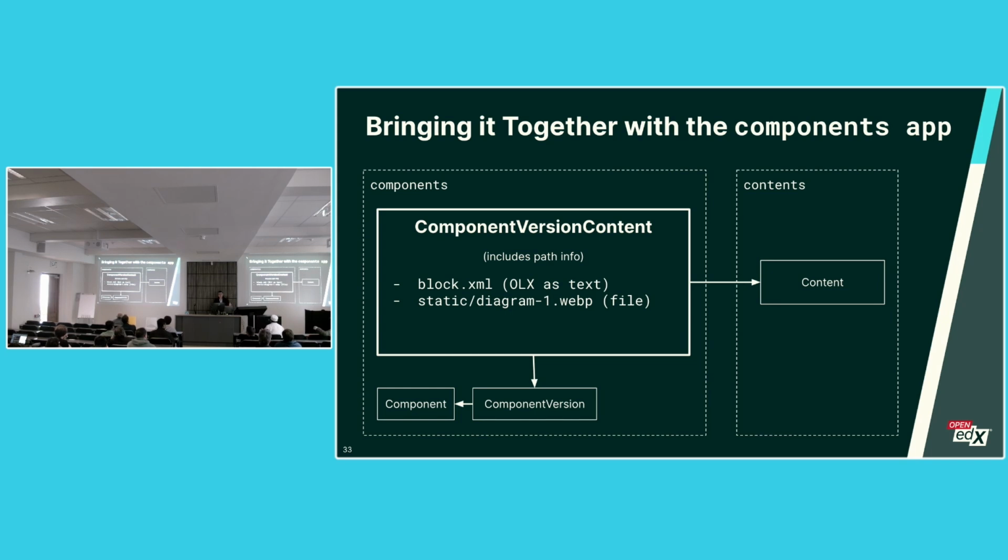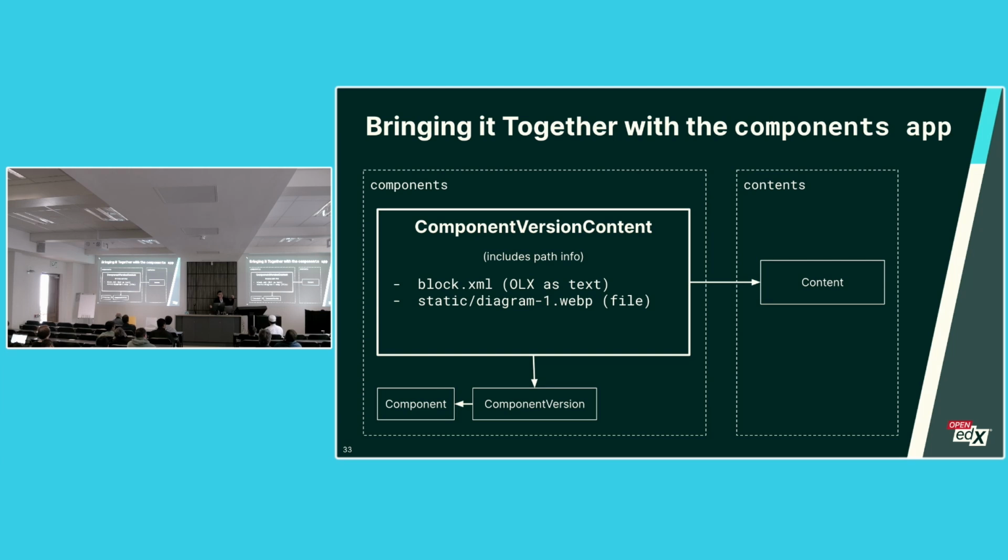So now we can bring it all together. The contents are really dumb. Content is just a blob of data. The Components app bridges together contents and components with component version content. Basically, for each row in this particular model, it tells you what the identifier for it is as a file path, what component version it's a part of, and what content that points to.